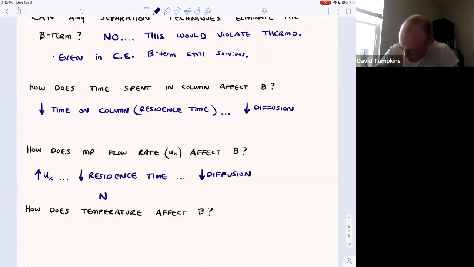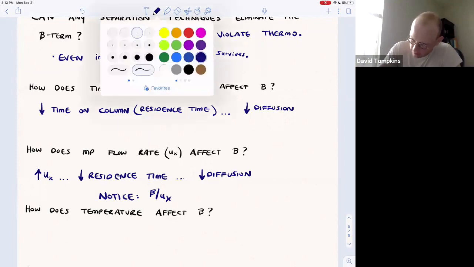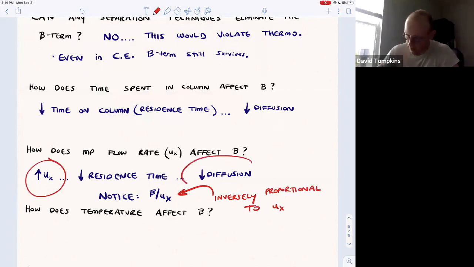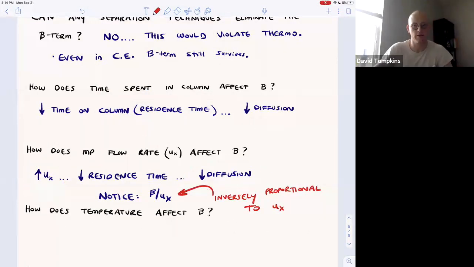So notice that in the Van Deemter equation, the B term is B over flow rate, or it's inversely proportional to flow rate. Higher flow rates mean less diffusion, which results in lower plate height and a higher number of plates. Lower H and higher N.